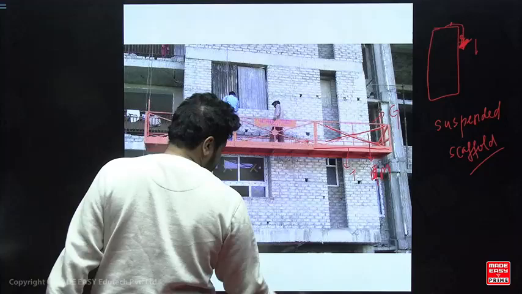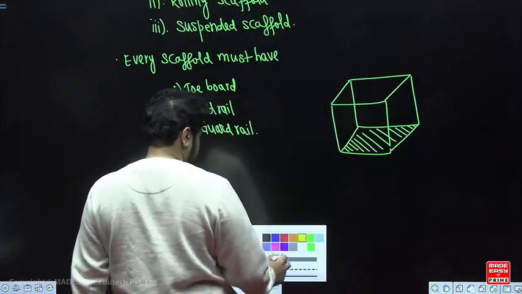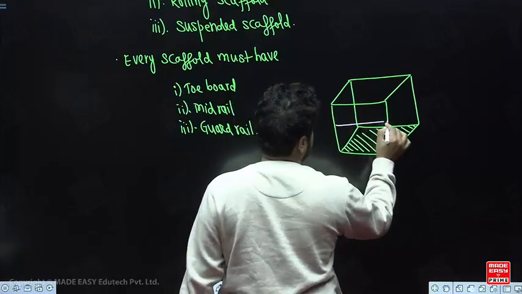तो अब देखते हैं जरा. तो यहाँ पे वही चीज मैंने आपको दिखाया था. So there will be a guard rail, isn't it?